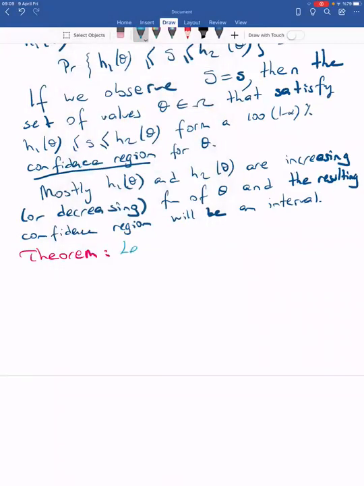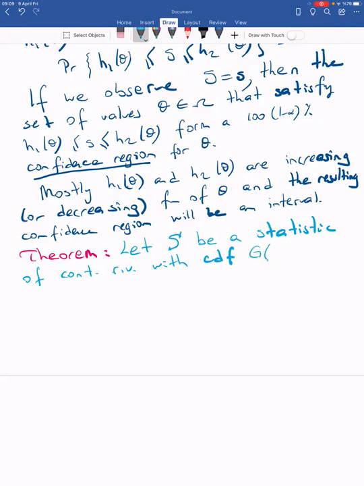So let's, again, let capital S be a statistic, mostly a sufficient statistic. A statistic of a continuous random variable with CDF. Using CDFs makes it easier to define the H1 and H2 functions.